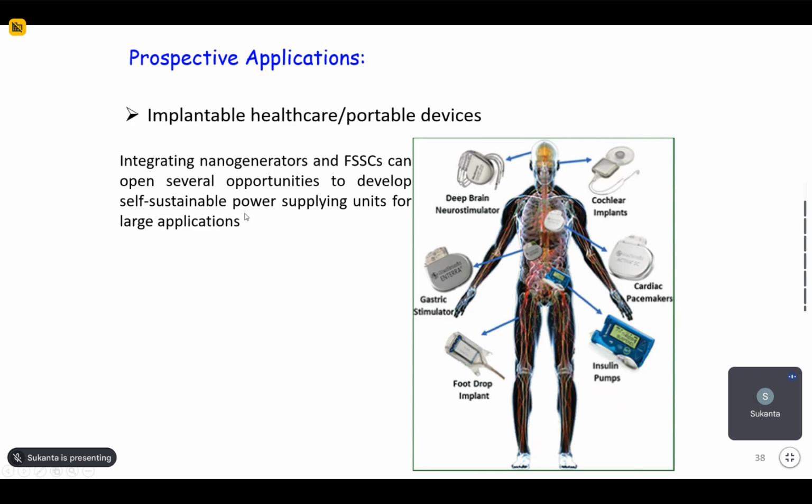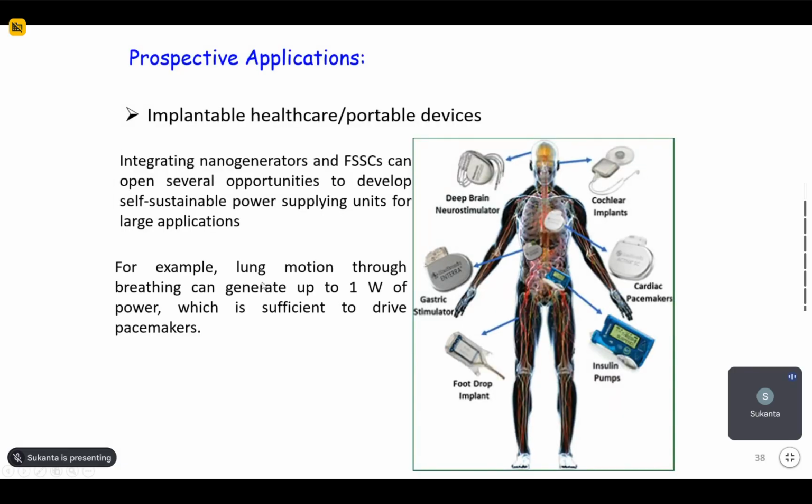To develop self-sustainable power supplying units for large applications, such as lung motion through breathing, can generate up to 1 watt of power, which is sufficient to drive the pacemaker. So if we integrate a small nano generator and the supercapacitor, that lung motion can produce huge power, which can be used for implanted devices.